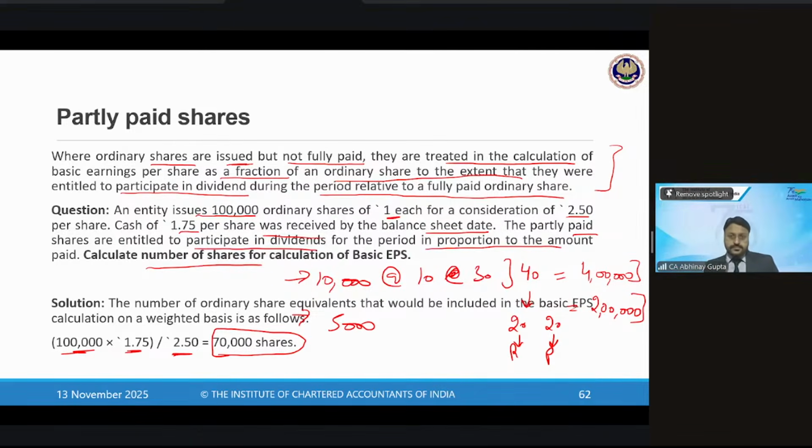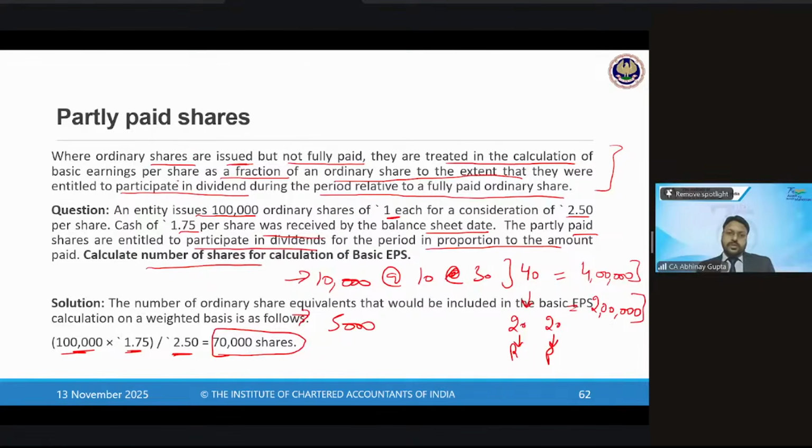Even when the shares are partly paid, but they are entitled to participate in the dividend fully, then we will take the full shares. So generally it doesn't happen, right? If the shares are partly paid, then it doesn't happen in general.